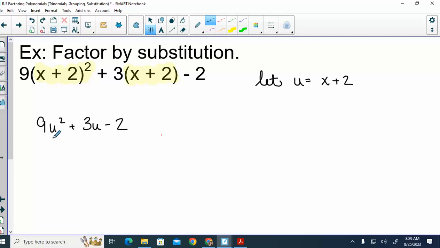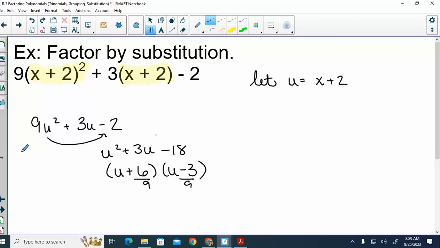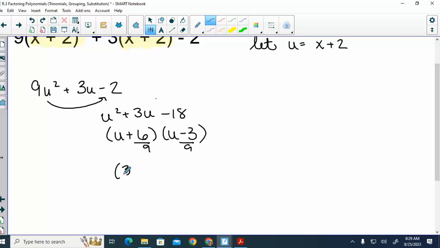Yeah, that's just a basic slip and slide problem. So you would have u squared plus 3u minus 18. So that's u plus 6, u minus 3. Divide by 9. So 6 over 9 would be 2/3. 3 over 9 is 1/3.